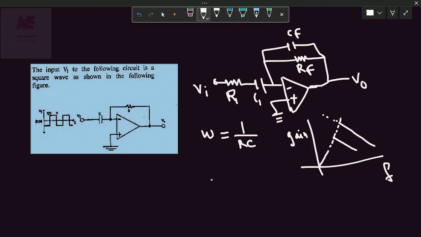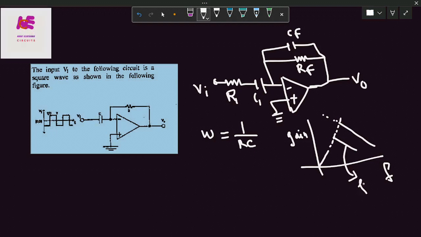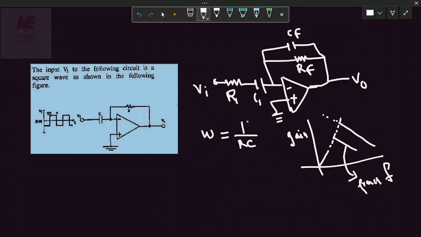Practically we are taking this response, and this is the practical response. So by adding one pole, which means taking one resistance in series with the capacitor and one capacitor in the feedback in parallel with the resistor, we are going to add one pole. Omega is equal to 1 by RC, and the response will be coming down practically.